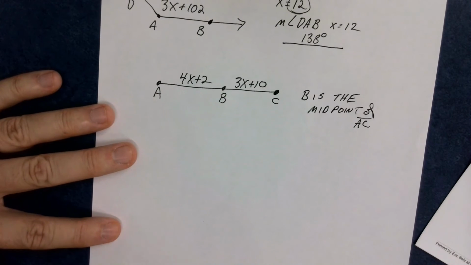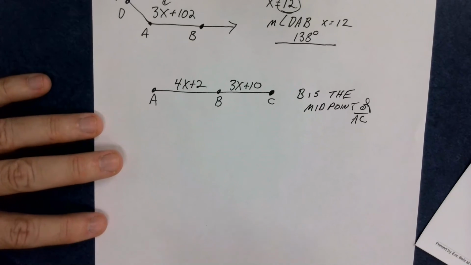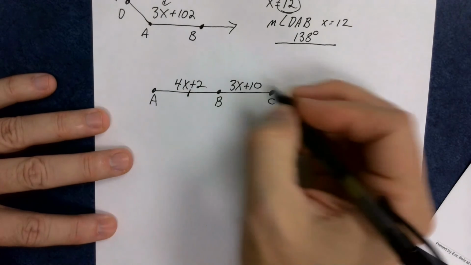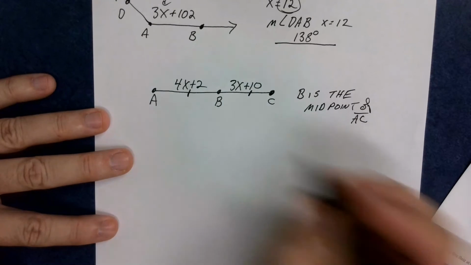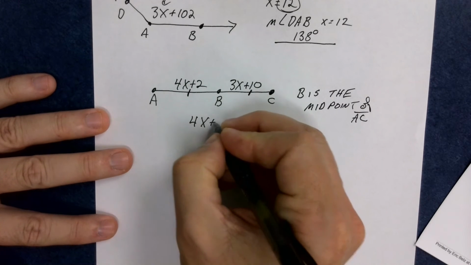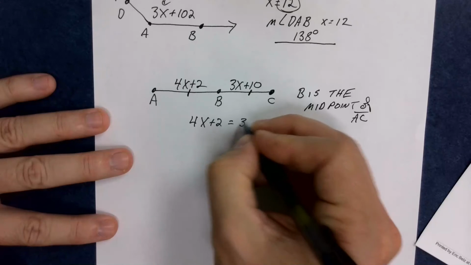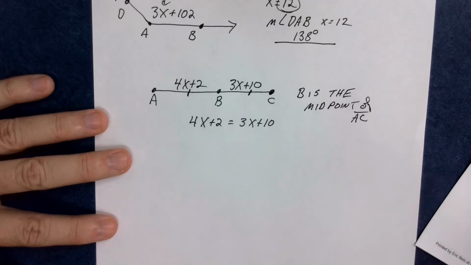Well, if B is the midpoint of segment AC, then that means that these two segments are congruent, and I can therefore write 4x plus 2 equals 3x plus 10.